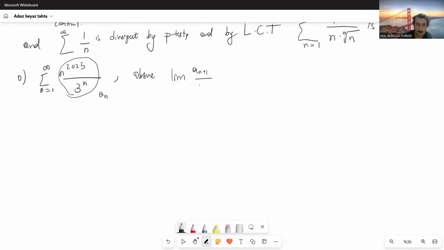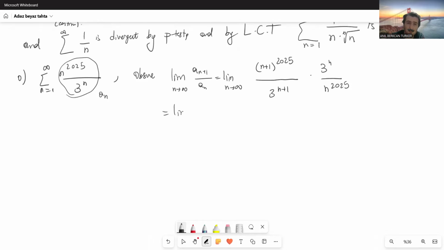The limit of a_(n+1) over a_n as n goes to infinity equals the limit as n goes to infinity of the ratio with (n+1)^2025 over n^2025.